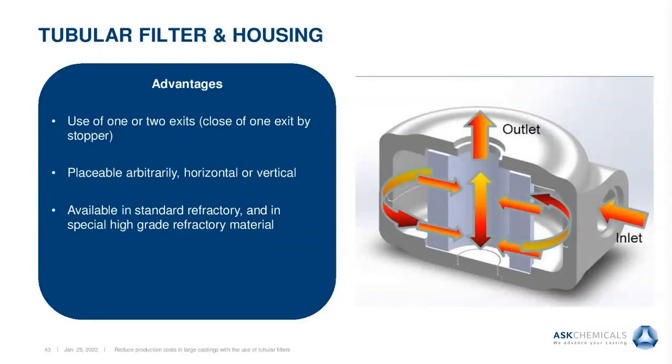Through the 2 exit ports, which can be closed as necessary, a right or left-sided version is no longer necessary. The complete system is very, very simple, only 3 parts, and then it is more or less complete. It is easy to handle by one person. You don't need a crane or anything like this, and that makes it really easy to use.